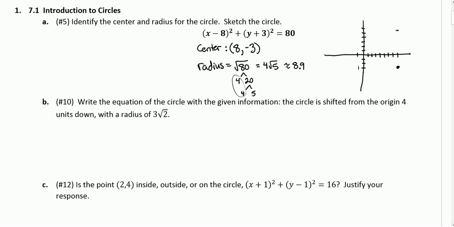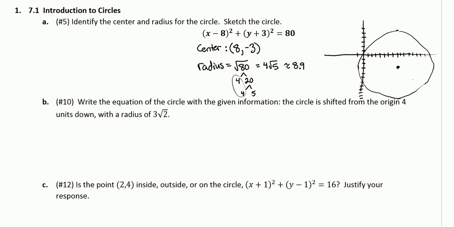And then 8.9 below the center, kind of off the grid here, and then 8.9 to the right of the center. And then we sketch our circle the best that we can. And there we have it.